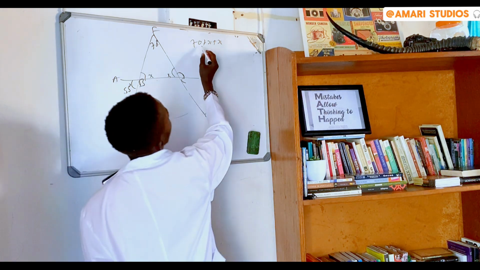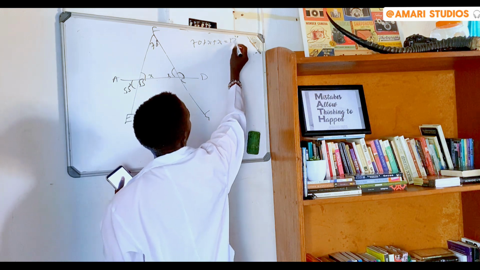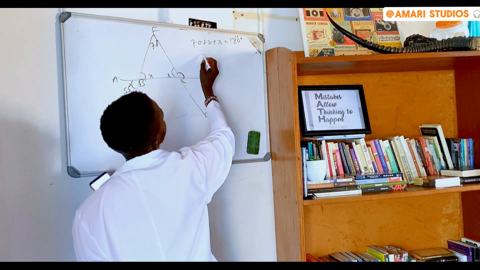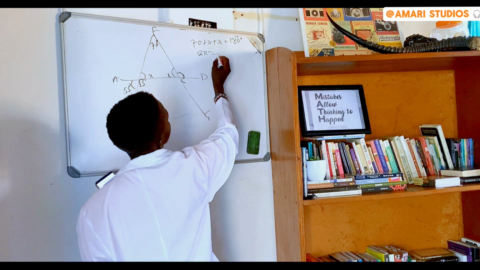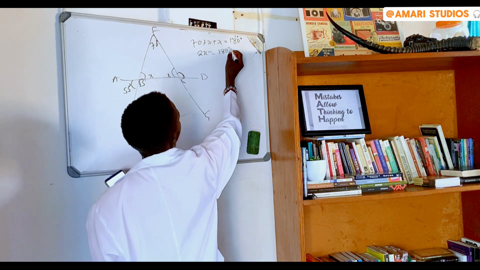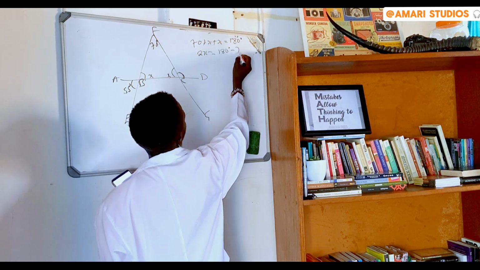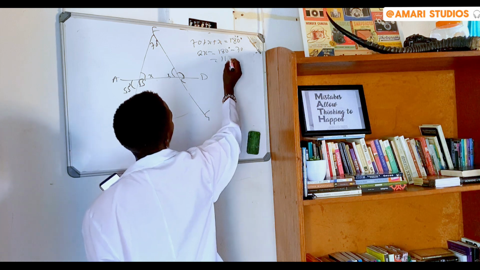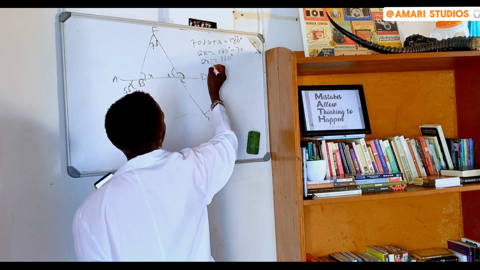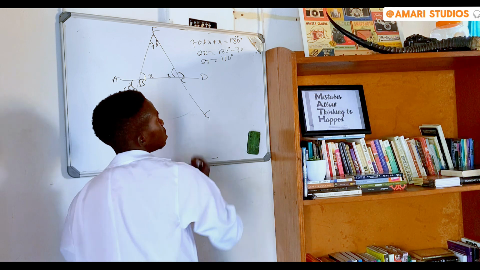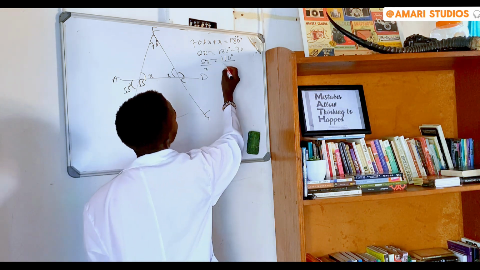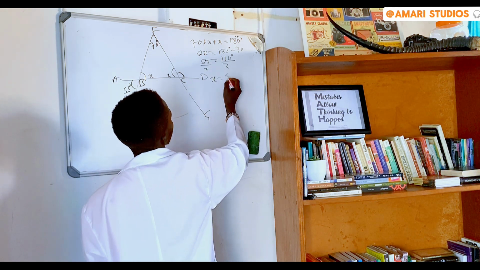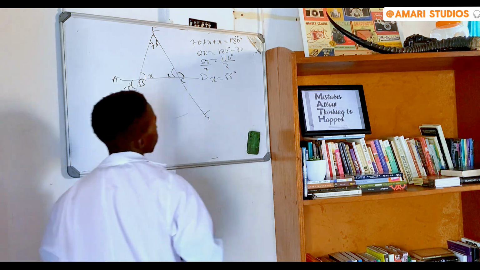So X plus X plus 70 is equal to 180 degrees. Then 2X is equal to 180 degrees minus 70, which gives you 110 degrees. 2X is equal to 110 degrees. Divided by 2, X is equal to 55 degrees.